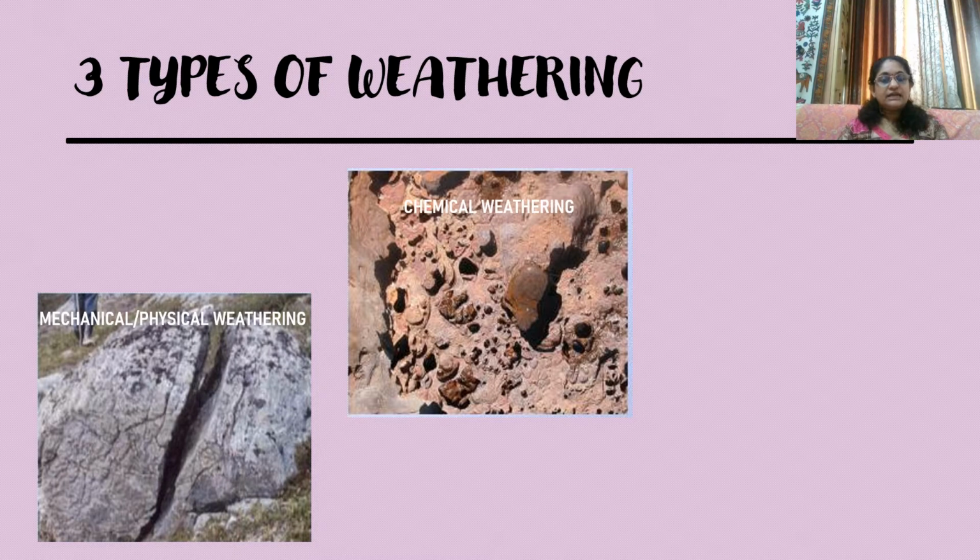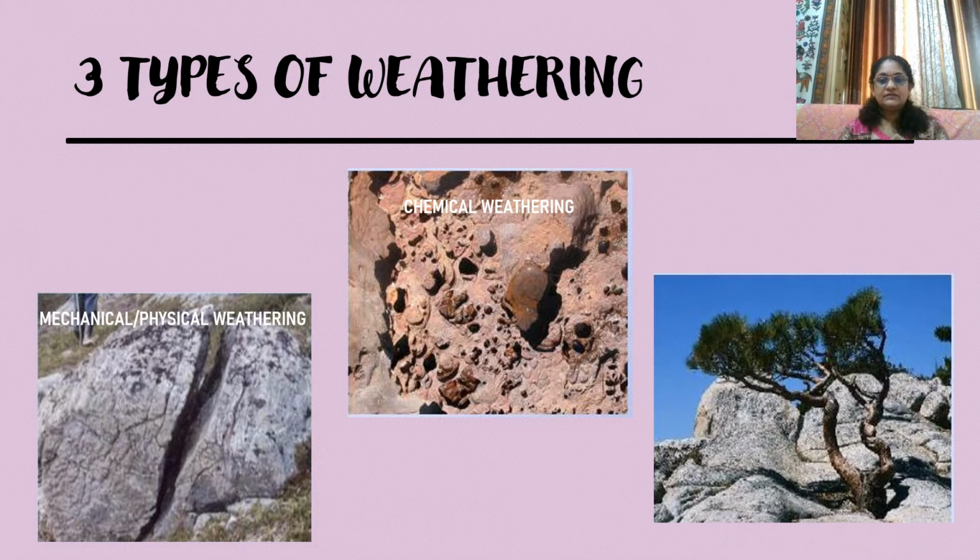Then we have chemical weathering, and we have biological weathering. These are the three types of weathering. Now today we are only going to look at physical weathering. What is physical weathering? How does physical weathering take place?